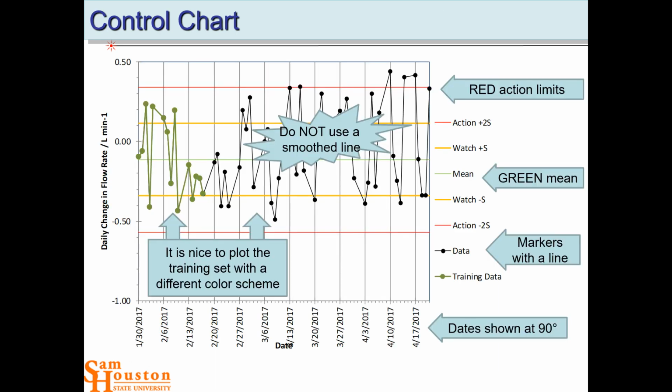Now here's the control chart that you will create. So if you're doing daily difference, you will select the daily difference column and the date column, and you will do a line chart, not an XY scatter. All through PCHEM1, we used XY scatter because we had continuously variable data in the X and the Y axes. But this isn't continuously variable data on the X axis, it's dates.